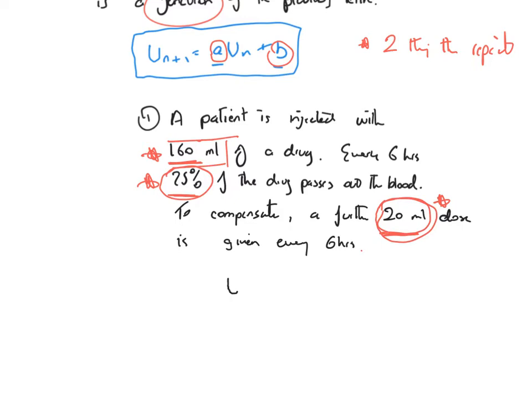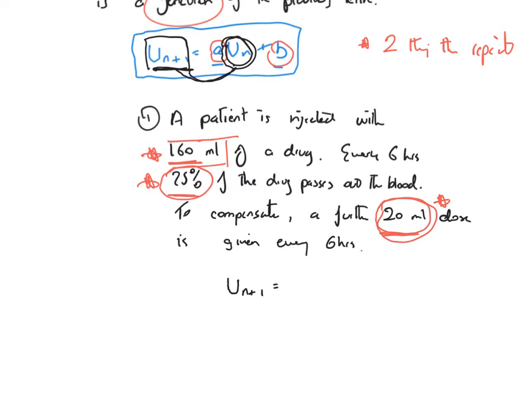Okay, so next time out, the amount of drug that's in the bloodstream is given by u(n+1). Now, before we had the term u(n), so u(n) is previous to u(n+1). If u(n+1) is what's happening presently, then u(n) is what happened before.